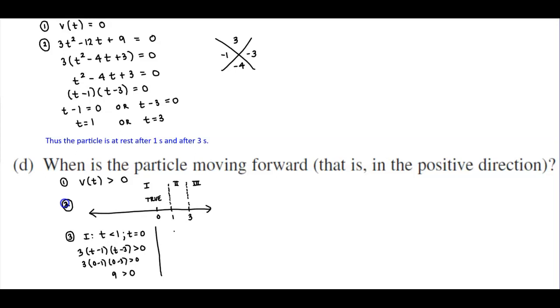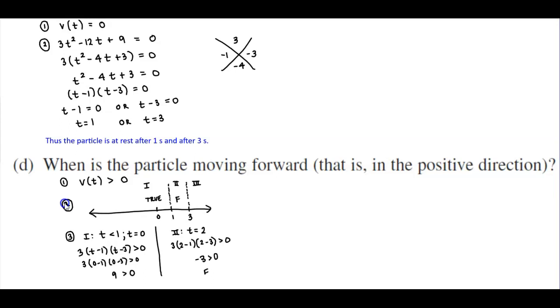If we take a look at region number 2, we want to find out what happens when t is equal to 2. If we plug that in, 3 times 2 minus 1 times 2 minus 3, that's 3 times 1 times negative 1, which is negative 3, and that's false.